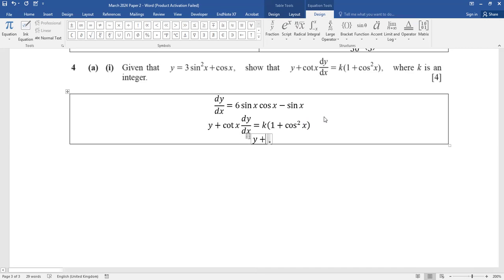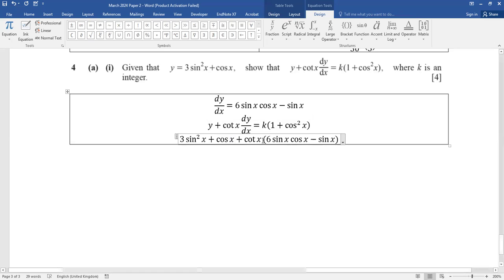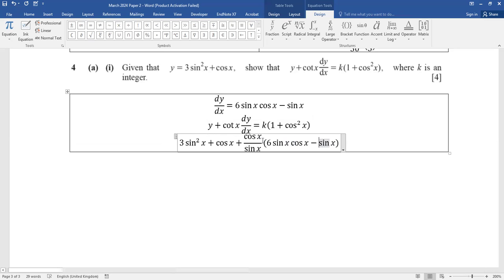So what we can do is, in place of dy by dx, we can simply put 6 sine x, our derivative that we have found. In place of y, we can also put the function that we already knew. And in place of cot x, we'll just write cos x upon sin x. We must make sure that this simplifies to k times 1 plus cos square x.